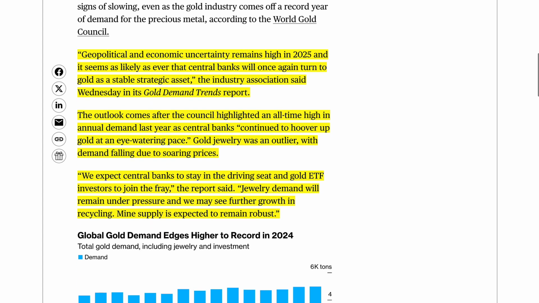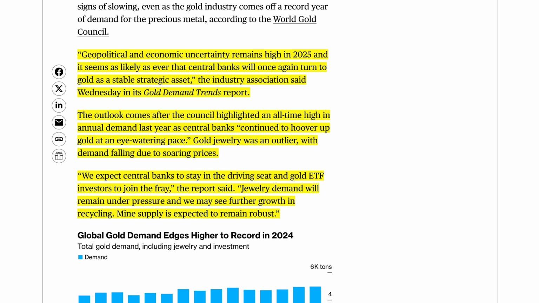Geopolitical and economic uncertainty remains high in 2025, and it seems as likely as ever that central banks will once again turn to gold as a stable strategic asset, the industry association said Wednesday in its gold demand trends report. The outlook comes after the council highlighted an all-time high in annual demand last year as central banks continue to hoover up gold at an eye-watering pace.